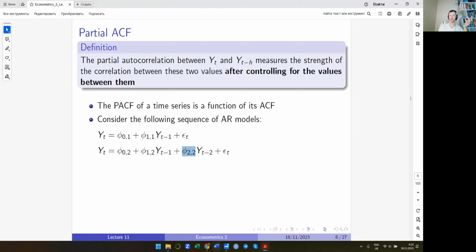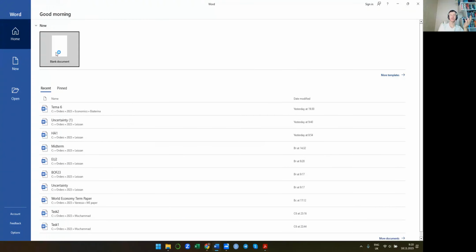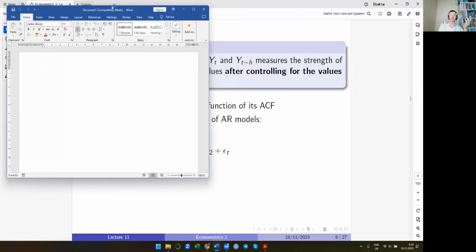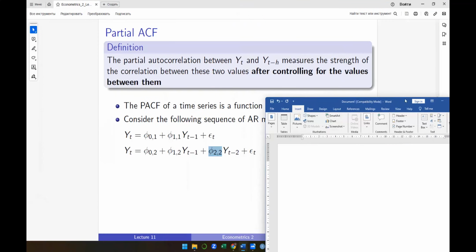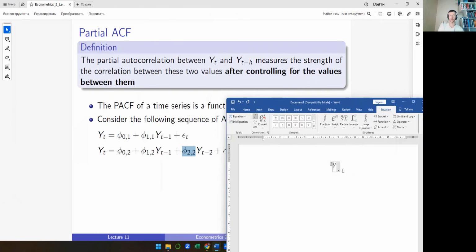It is easy to see. Let me show you just as an example, to understand why we are bothering ourselves with this.